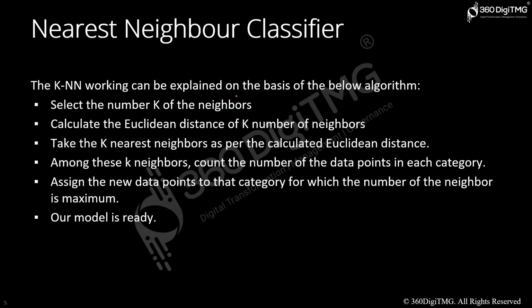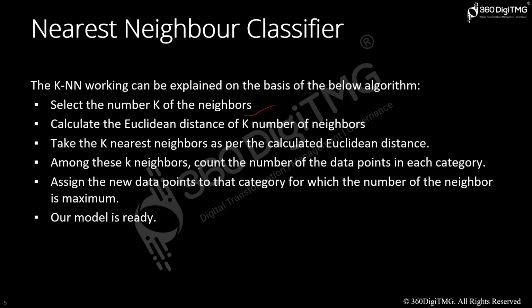It can be explained on the basis of the below algorithm. First, we select the number k of the neighbors. Then we calculate the Euclidean distance to the neighbors.